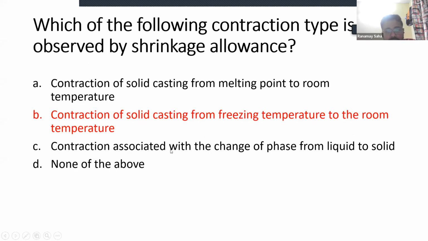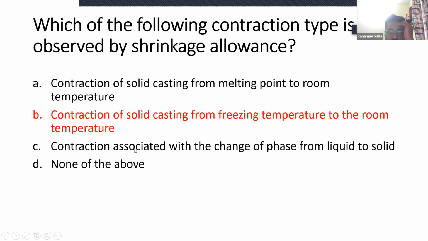He says contraction is related to change of phase from liquid to solid. I told you, right? You have to take care of the maximum contraction. In the range from freezing to room temperature, the amount of contraction we are having is really large compared to the other two types of contraction, from liquid to solid and during the freezing temperature range.